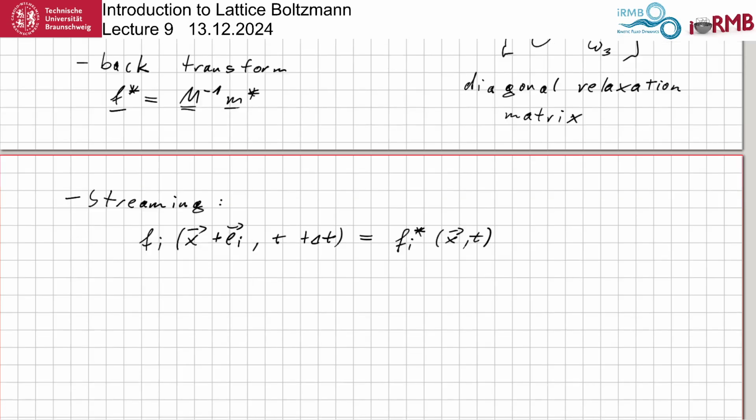Okay, so how are these two methods different? So we have MRT, multiple relaxation time. It's streaming the populations, and it collides moments.